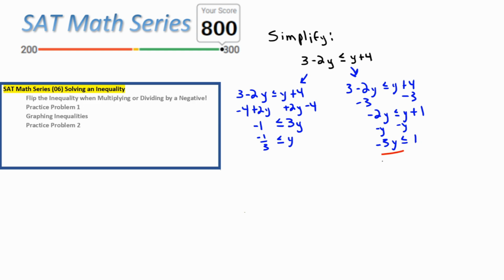If you were to divide by negative 3 here, and you did not flip the sign, you would get y is less than or equal to negative 1/3, whereas over here we got y was greater than or equal to negative 1/3, and that's because this is an error here. So you need to remember that you need to flip the sign whenever you multiply or divide by a negative number.